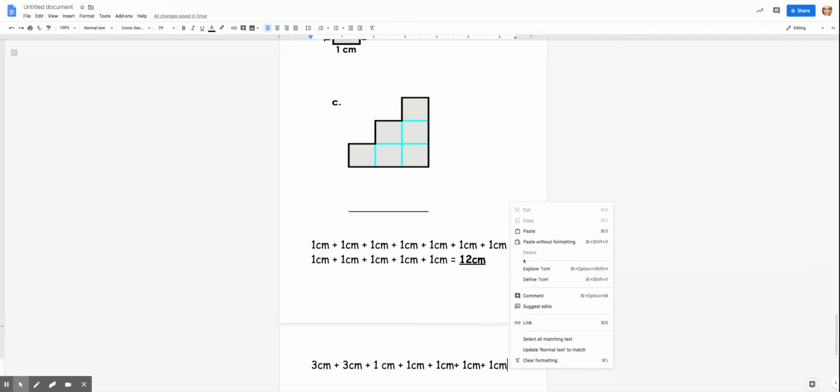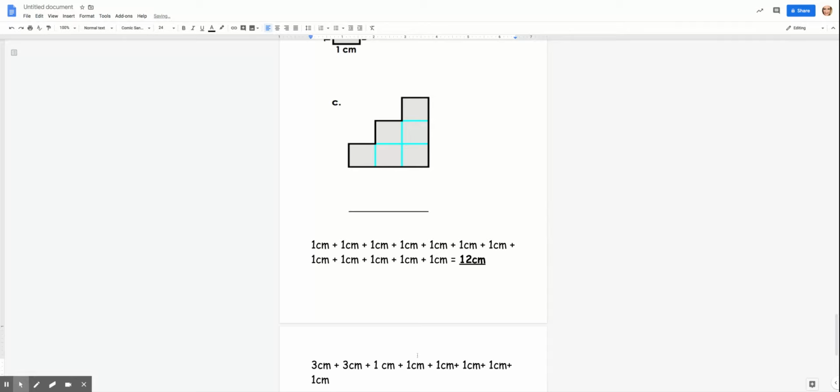And 1 more. So now we can add those together. 3 plus 3 is 6, plus 1 is 7, 8, 9, 10, 11, 12. 12 centimeters.